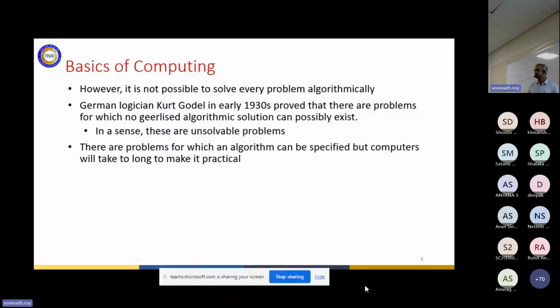Okay. And the other variety of algorithms is those which the computers can run, but they will take too long to be made practical. Like you can theoretically calculate that if a computer algorithm is designed to use the brute force method to play chess, like one step, when the other person makes his move, what are the possible moves? Then you keep multiplying.